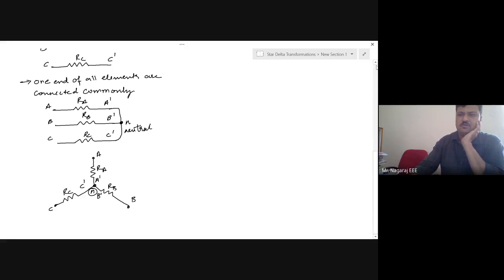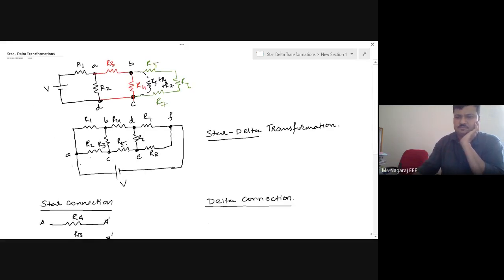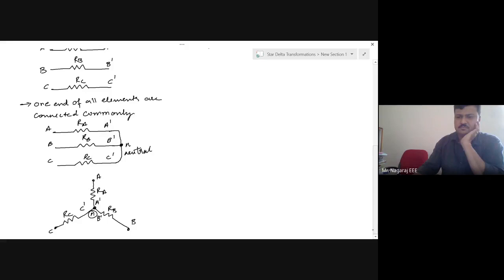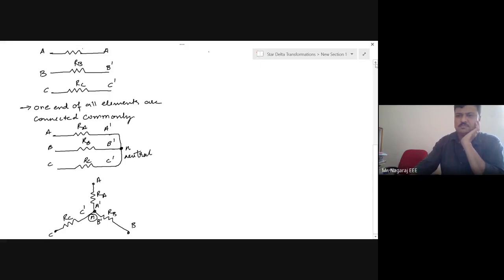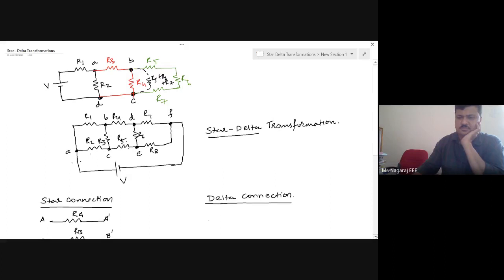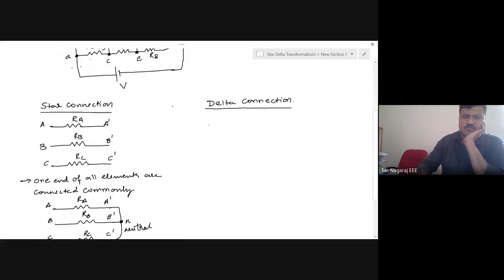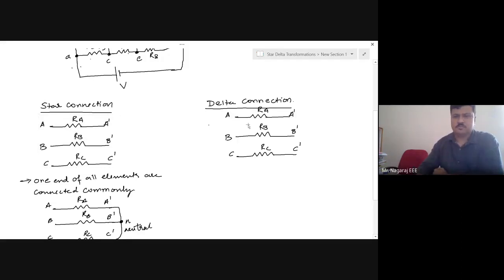Now what if I want a delta connection? Suppose I have the same three resistors, RA, RB and RC.